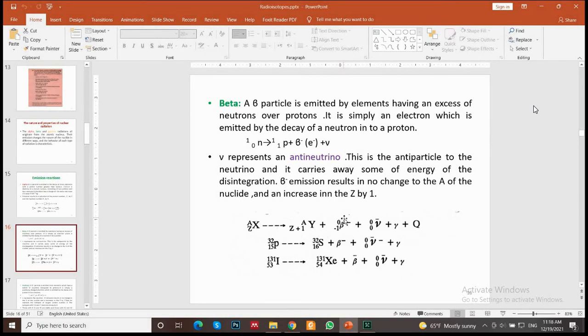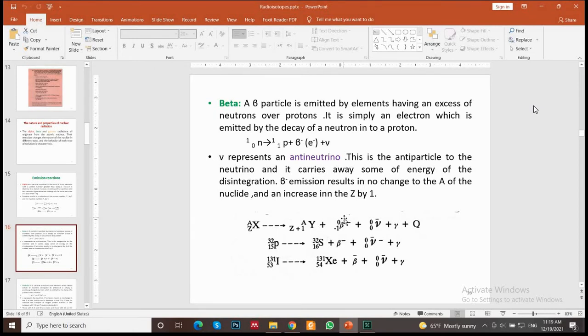For the other particle I want to speak about, it is beta. For beta particle emission, we have another story. When the number of neutrons is over the protons, a neutron decays into a proton, and in this kind of reaction, an electron is created to maintain charge conservation.